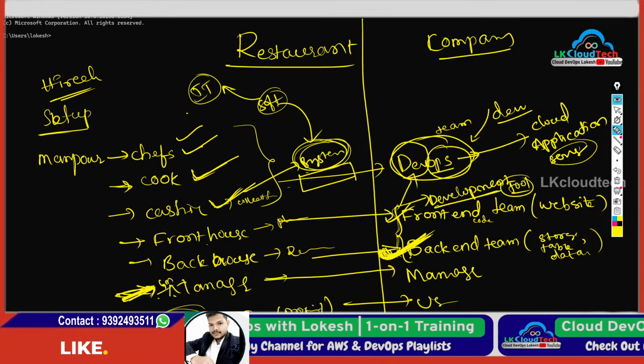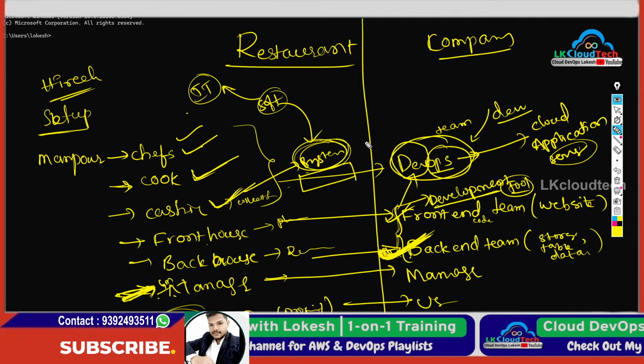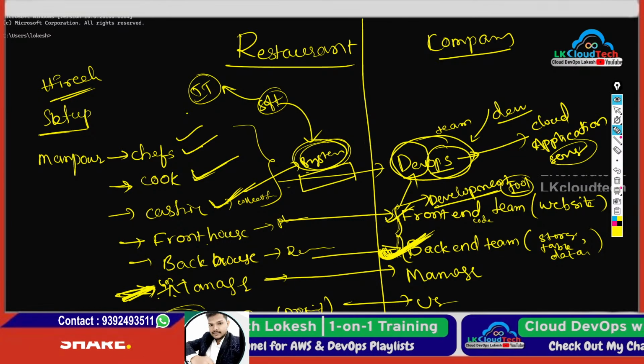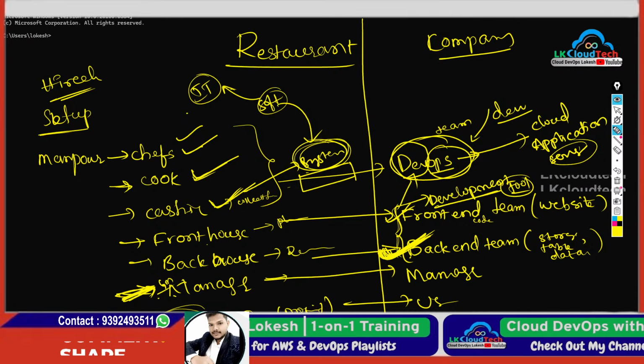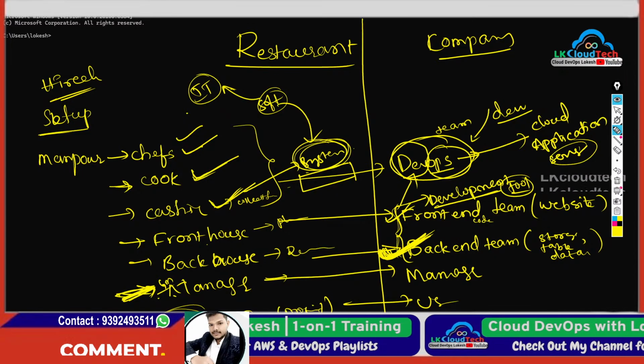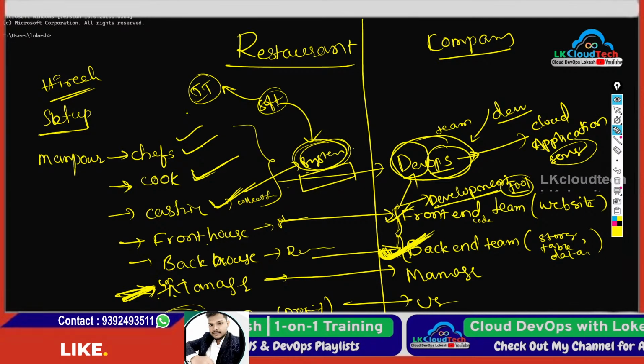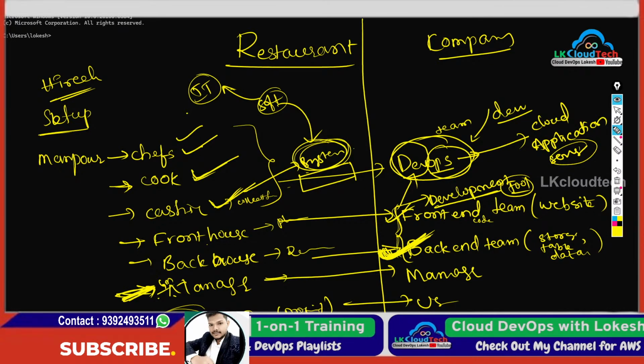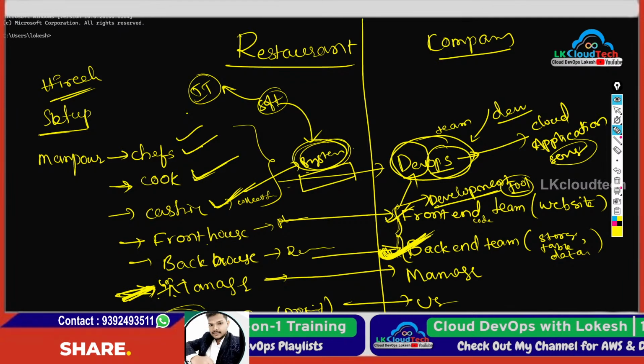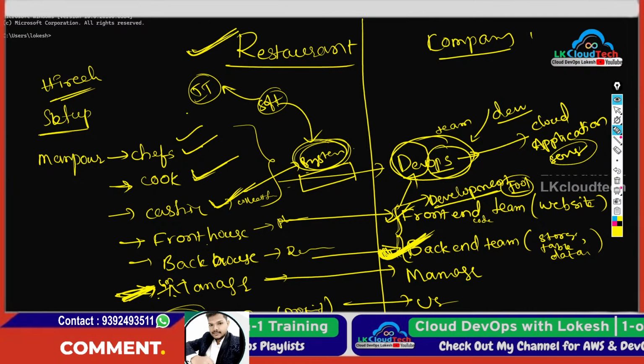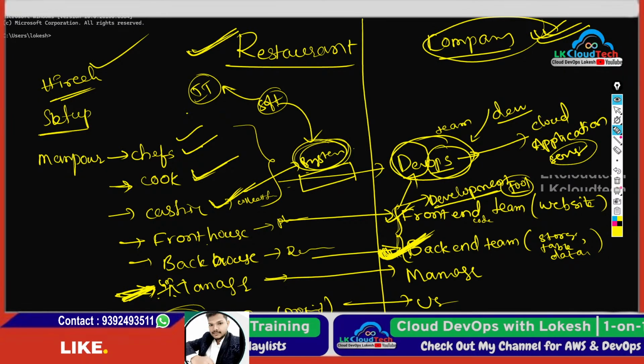Now there are different tools, for example: Git, Docker, Kubernetes, Terraform, Ansible. These are all tools. Based on the requirement, we will use the tools; it's not necessary every time.